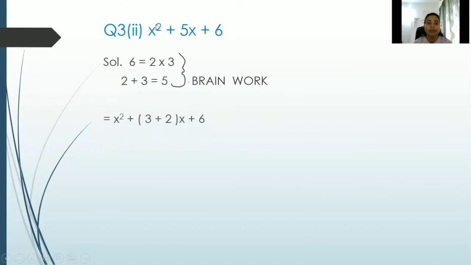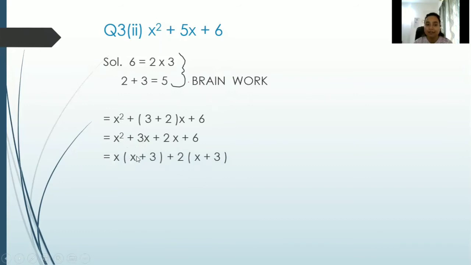Now, see this term x square, in place of 5, how we have split it? 3 plus 2 or 2 plus 3, whatever. X is here plus 6, right? Now open x square plus 3x plus 2x plus 6. Then take the x common from here.